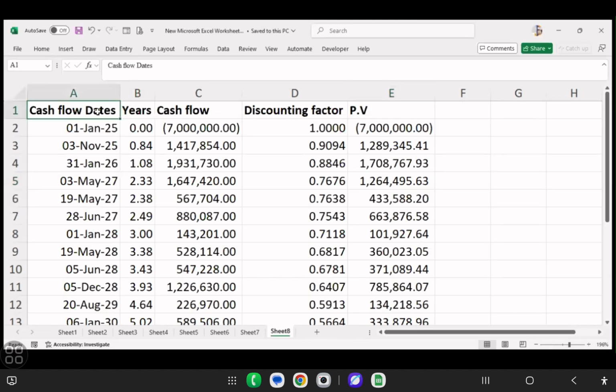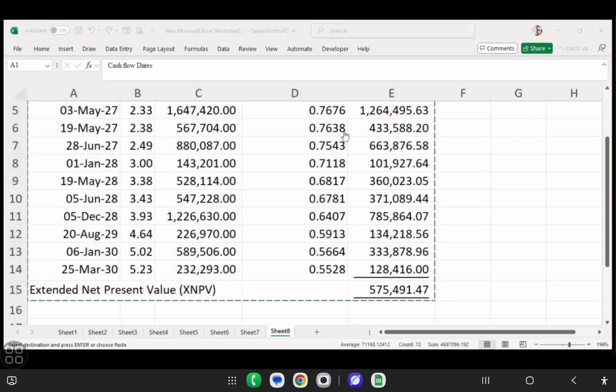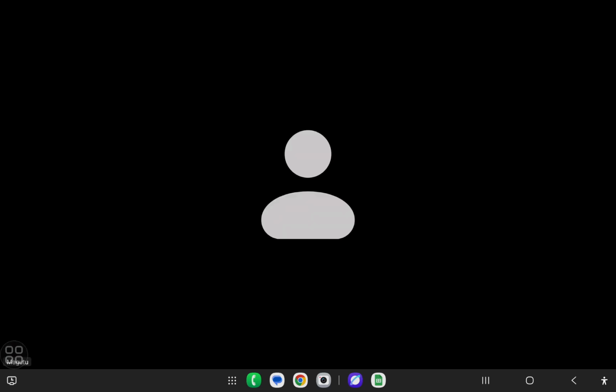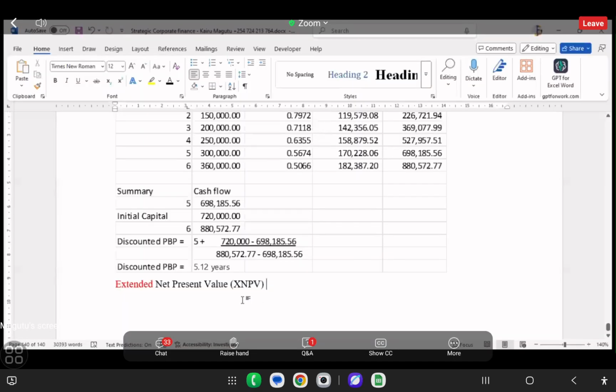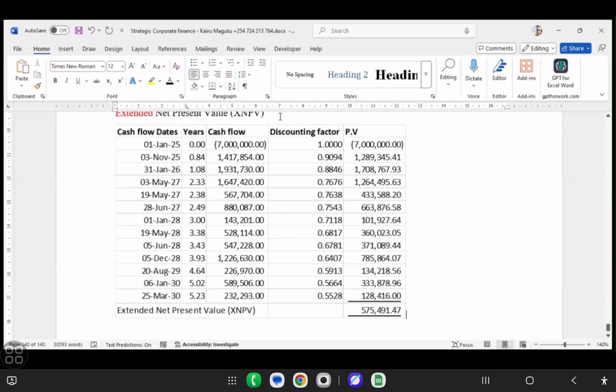I want to transfer this one to the Word document so that I can explain it from that end. I just wanted to use Excel for the computation. Let me put it here. Then I can explain it from here. Extended NPV. I will put it this way.